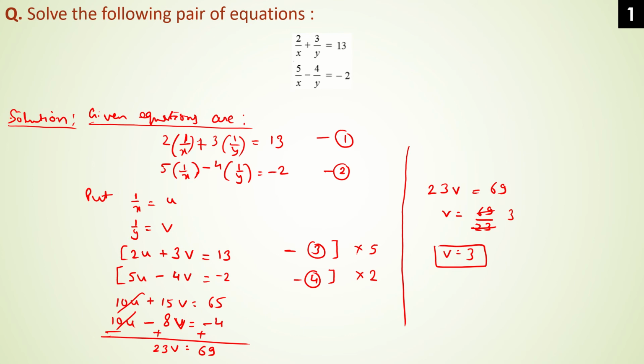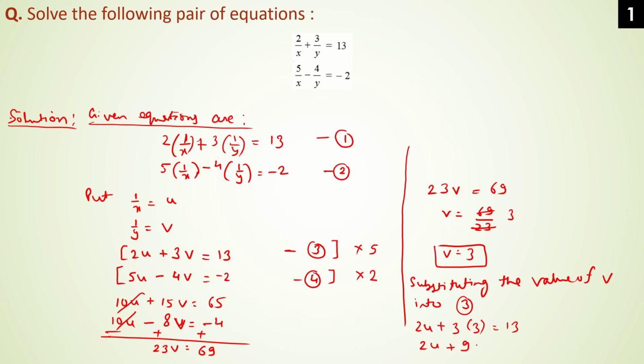So substituting the value of v into either third or fourth, let us put it into third, we get 2u plus 3 into 3 equals 13.